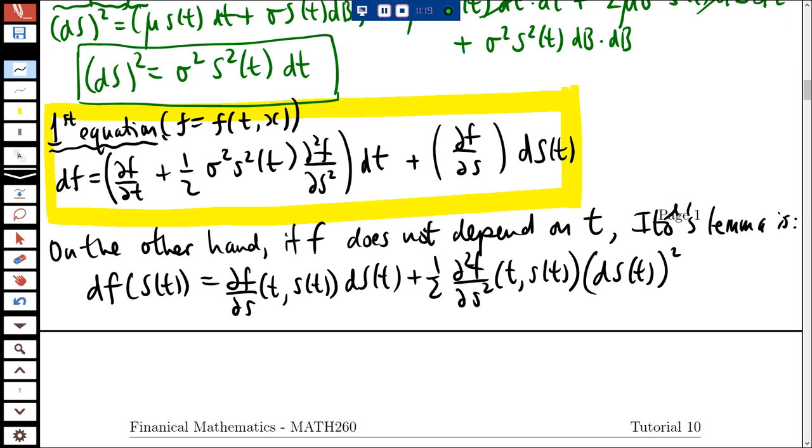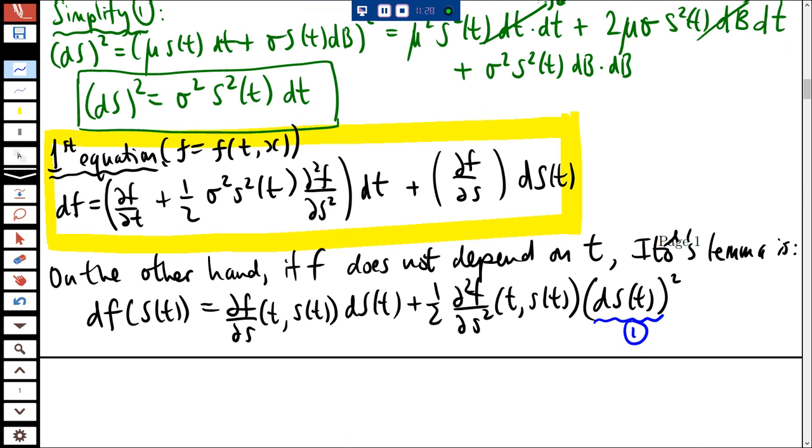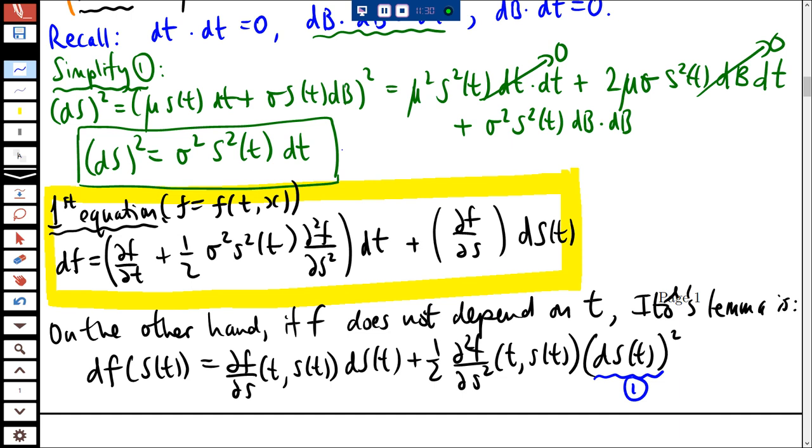Same as before, we need to simplify this, and we can recycle some old information. We can drop this equation we found into the latest equation. So let's do that next.